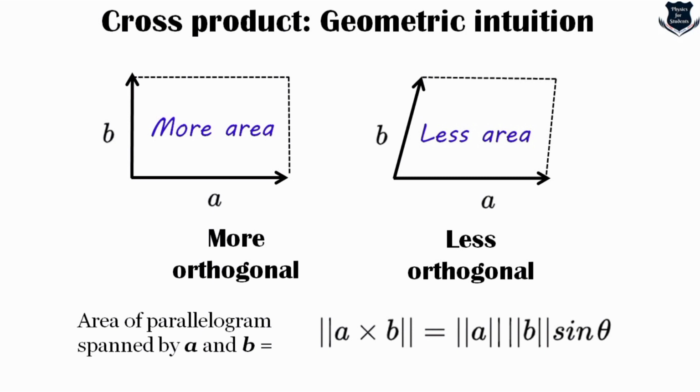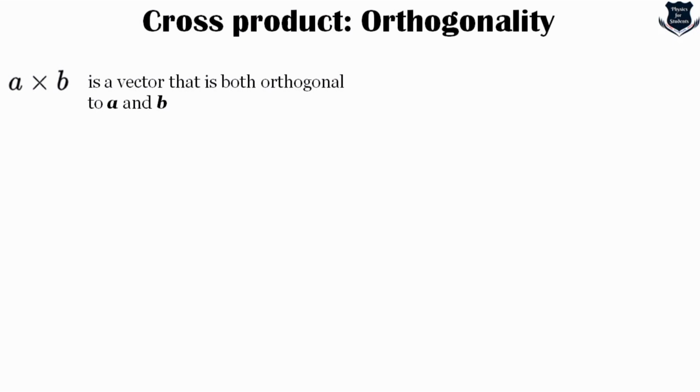So now you remember that when we started the video, I told you that dot product, can we find out a vector so that we can find out the area of a parallelogram? It was not possible, right? Now it is possible. Why? Because the more orthogonal means more area, and just by multiplying A with B, we get the area of a parallelogram, and this is how we calculate it, which is right at the bottom of the screen. So the intuitive approach of geometric meaning gives us the area of the parallelogram, which is actually the vector which we are aiming towards.